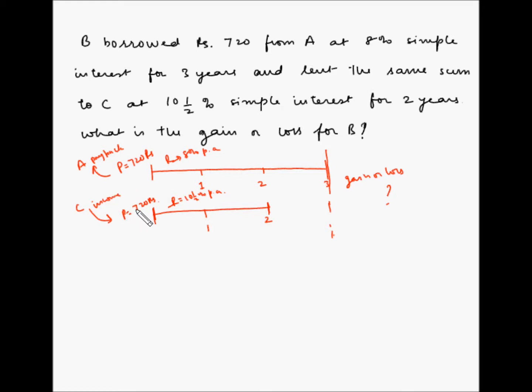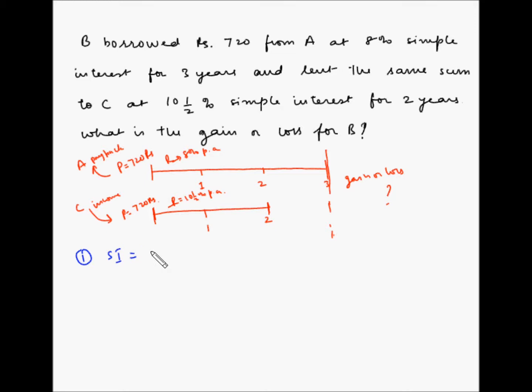But if he is getting more than what he is paying back to A, then he is making a gain. So first case is the amount of money that he has to pay back to A. So this is based on simple interest.